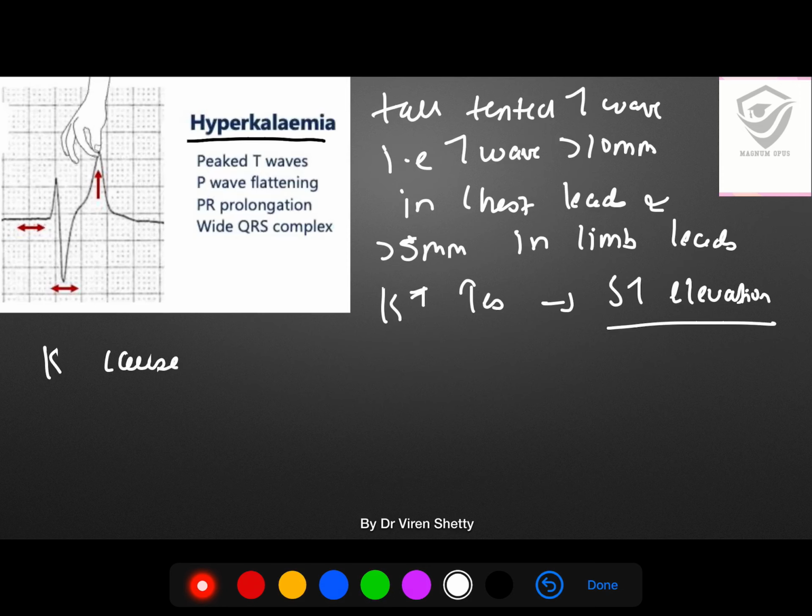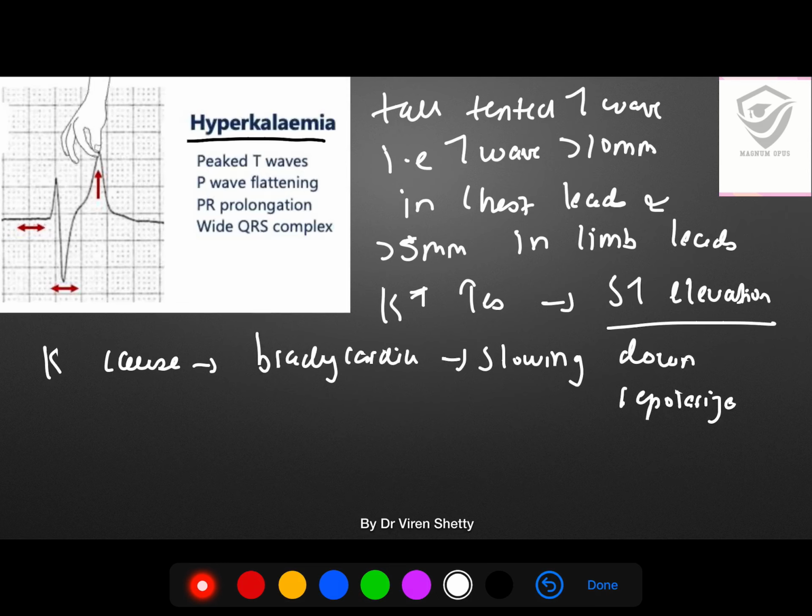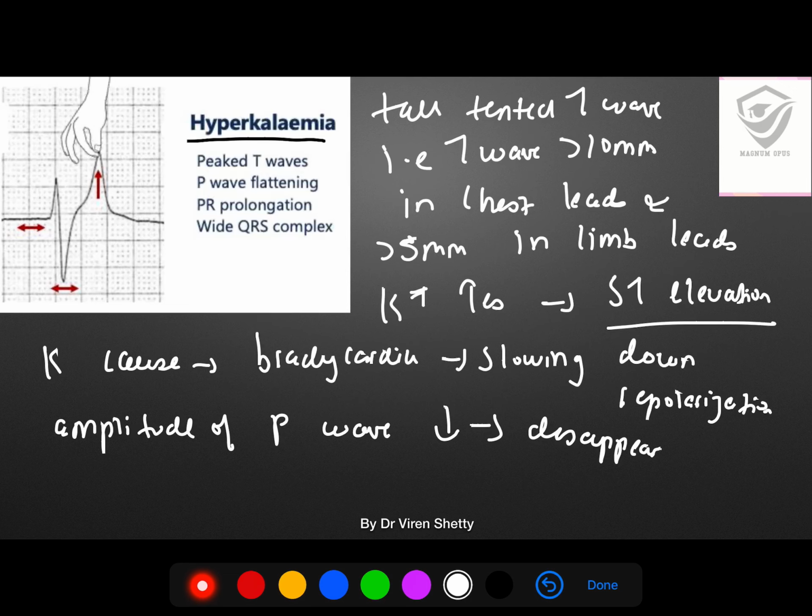Potassium usually causes a bradycardia. And why? Because it is basically slowing down repolarization. As it progresses, the amplitude of the P wave will reduce, and gradually the P wave will disappear.